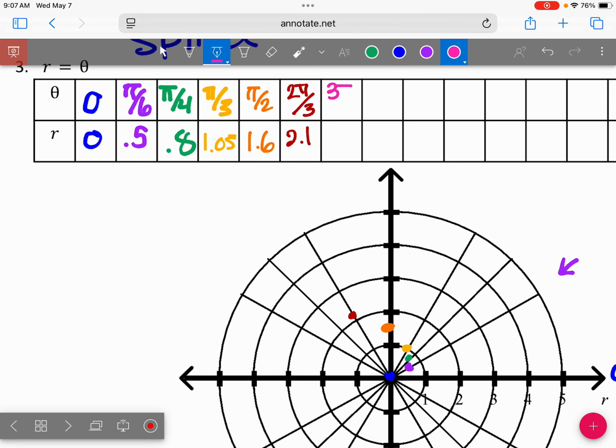All right, 3 pi over 4. It's 2.4. So we're going to be 2.5-ish out here. And then our 5 pi over 6. 2.6.